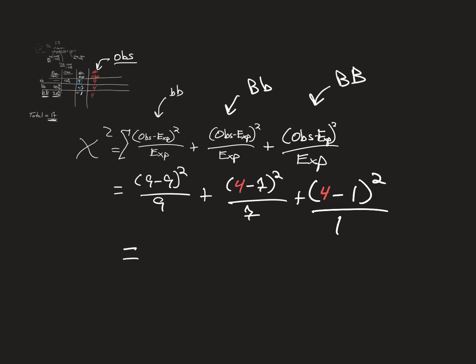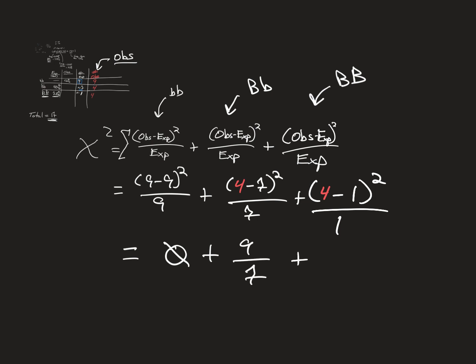Well, the values are all summed up together. That's chi-square. So obviously 9 minus 9 is 0. 0 squared is 0. 0 divided by anything is 0. To be clear, if the bottom number is 0, then it's undefined. If you remember calculus, it goes towards infinity, right? So 4 minus 7 is what? Negative 3, but negative 3 squared is 9. 9 divided by 7.